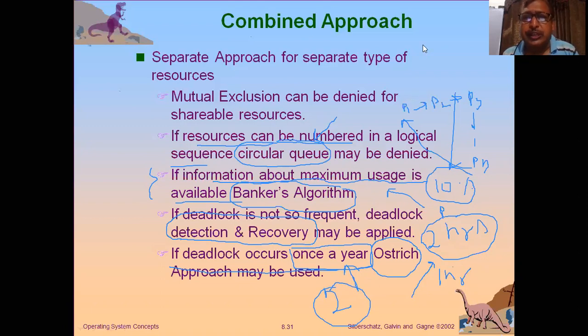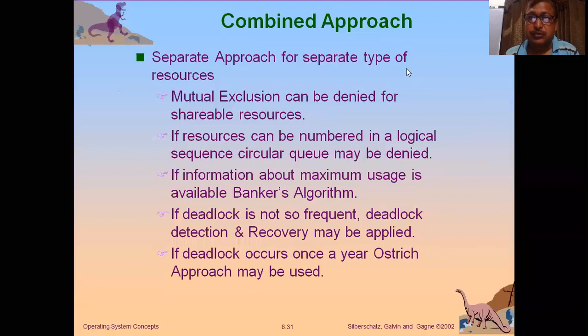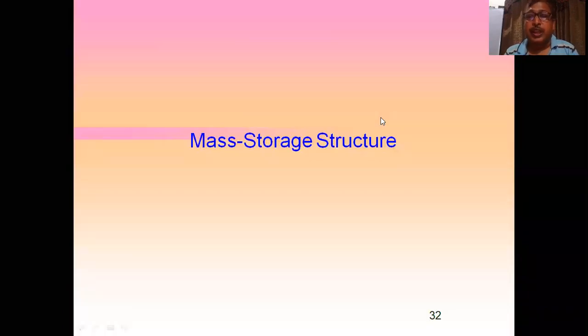Now we will move to the next topic, which is disk management. Mass storage structures are important because my RAM is volatile, and when I switch off the computer, my data and instructions will be gone, so I have to store them somewhere so they can be used later.